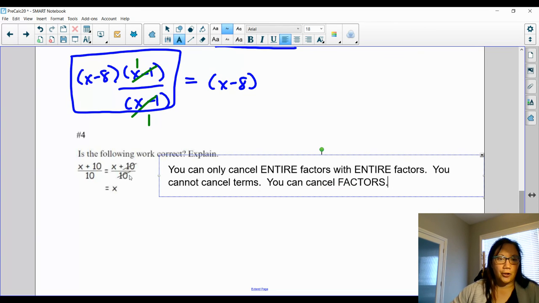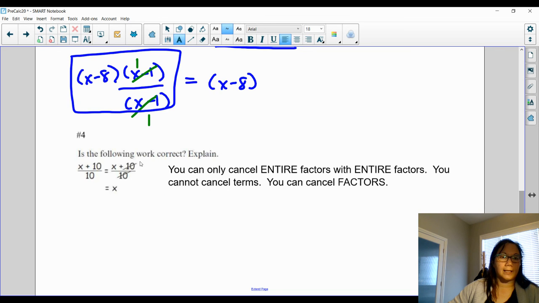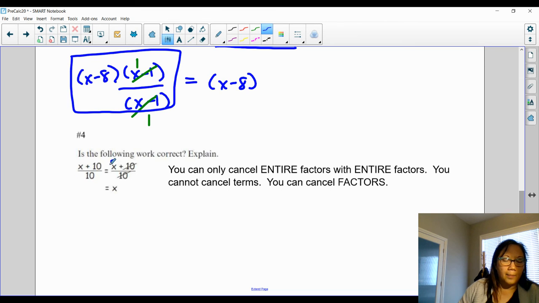So here they cancel the term of 10 with a 10. No, x plus 10 is together as a factor. Okay, so just be careful when you see stuff like that. It's tempting to just knock off numbers, but because this was an addition sign, x plus 10 is together. So even though you can't see the brackets on that, it is a binomial, it's connected, and so the brackets are almost considered to be invisible on a question like that.